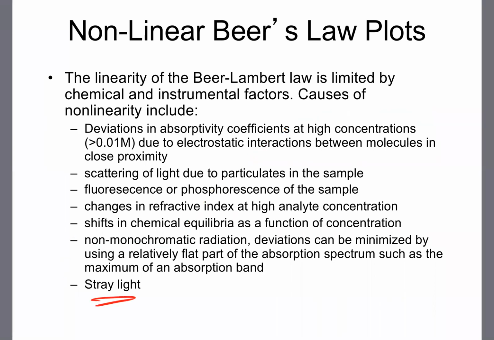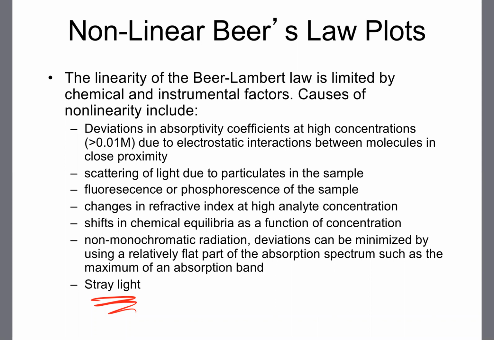The last thing that can go wrong is stray light. Typically, spectrophotometers are designed to eliminate light from the outside world, the room, getting into the light detector and producing a signal, because obviously light from the room that you're working in, you don't want to detect that. It has nothing to do with your analyte whatsoever.